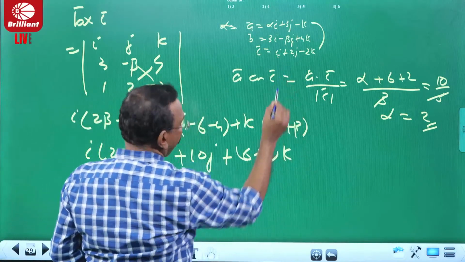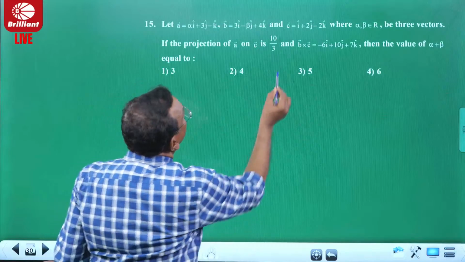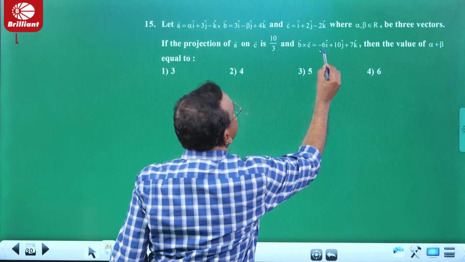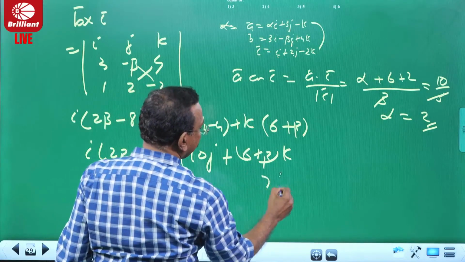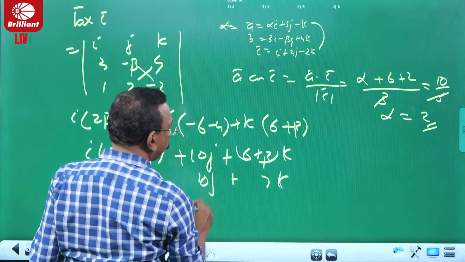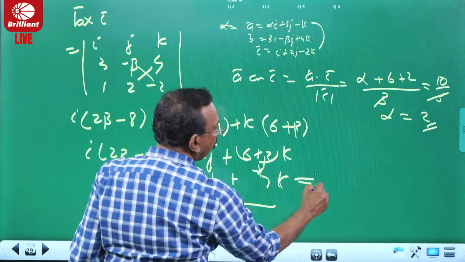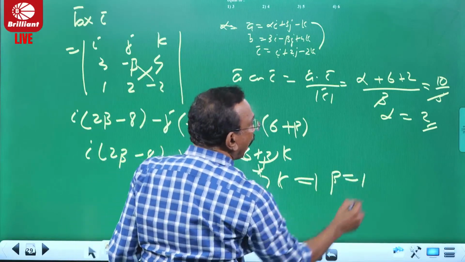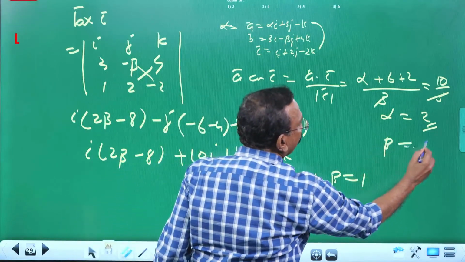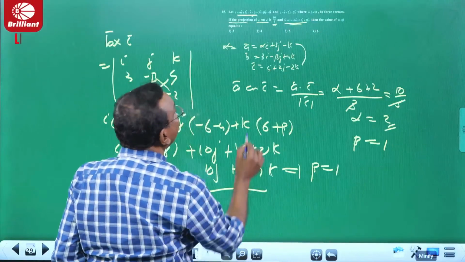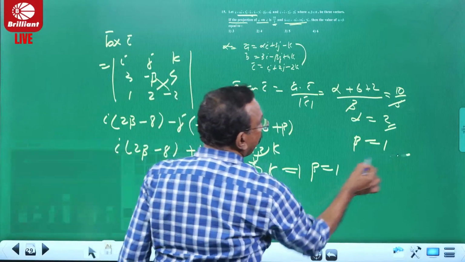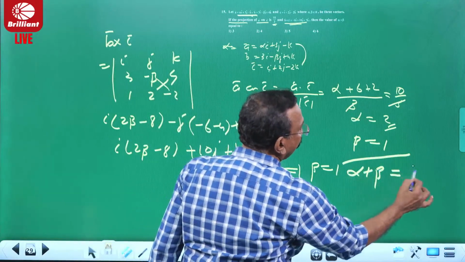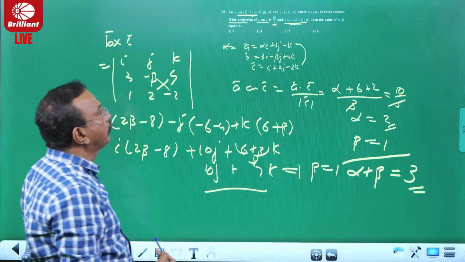But it is given in the form minus 6i plus 10j plus 7k. So this is actually 7k and this should be 10j directly. Comparing this, you get that beta is equal to 1. Then alpha is equal to 2 and beta is equal to 1. Using that, we can find alpha plus beta, which is equal to 3.